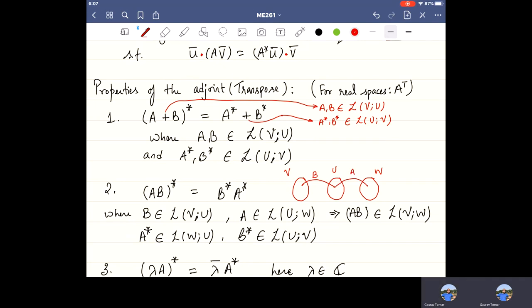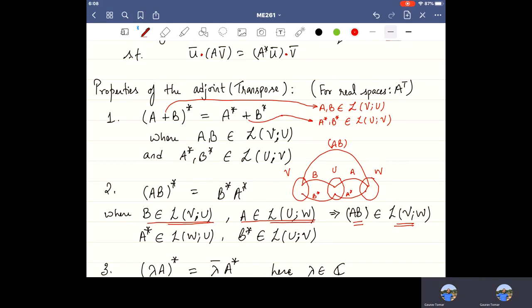B belongs to the vector space of mappings from V to U. A belongs to the vector space of mappings from U to W. Together the AB mapping would belong to V to W. In the same way, A star would be a mapping which will take you from here to here. This is your A star mapping, and then this is your B star mapping.